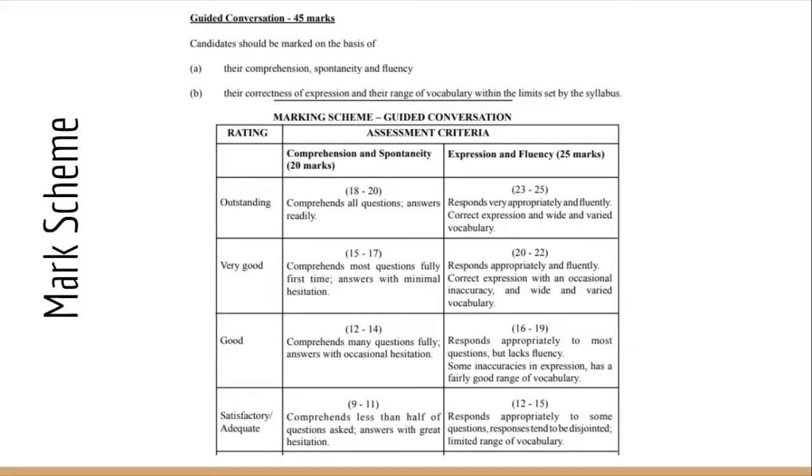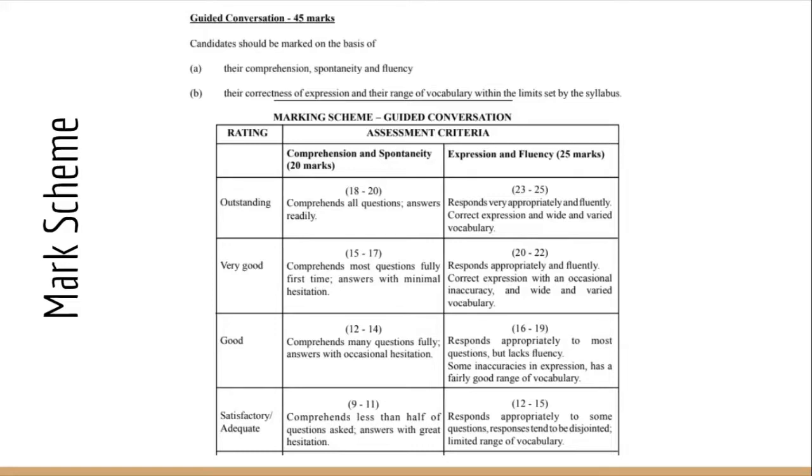You want to be very fluent, speak clearly as if you know what you're saying. That is definitely in the top tier of marks, right? And of course, we get the correct expression, so that grammar is correct, accurate, maybe just one little error, if any at all, right? And you're using wide and varied vocabulary.